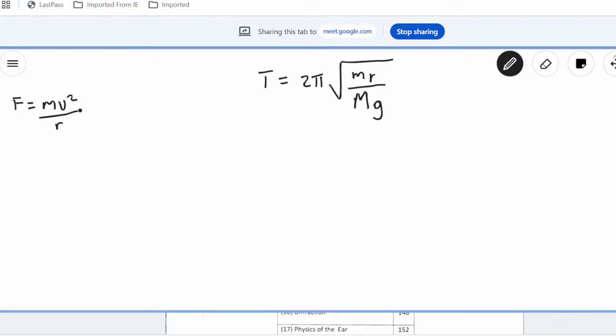So yes, mv squared over r is an equation for centripetal force.